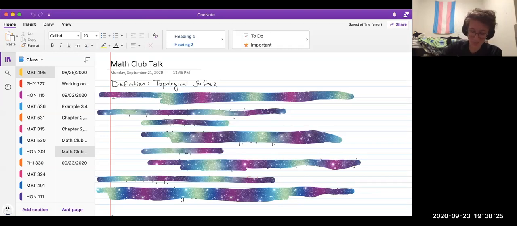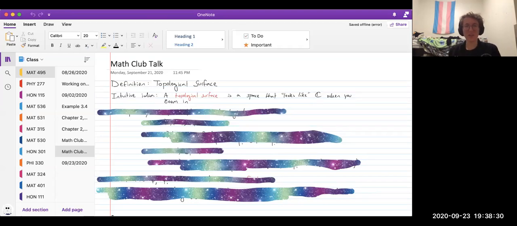A topological surface is, well, there's an intuitive notion, and then there's a more precise definition. So first I'll talk about the intuitive idea, which is that a topological surface is a space that looks like C when you zoom in really close.